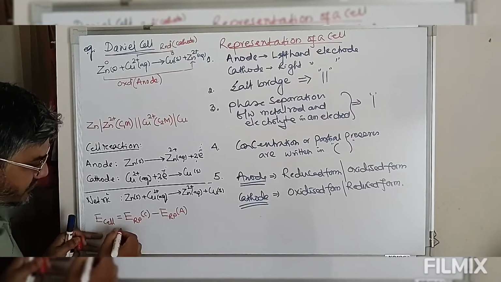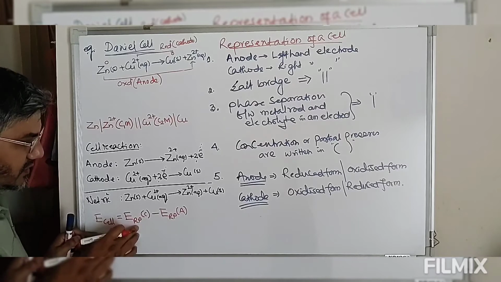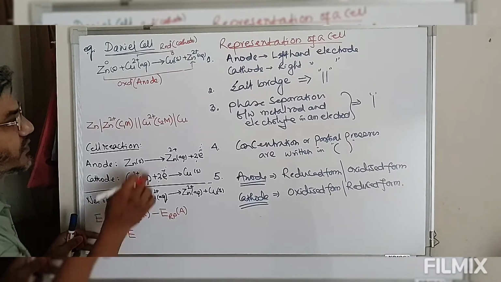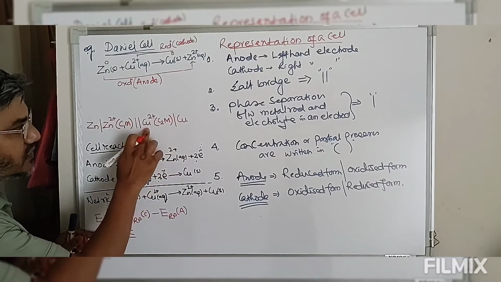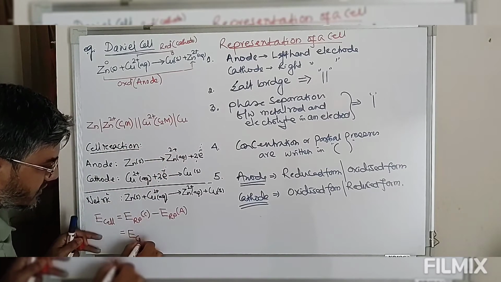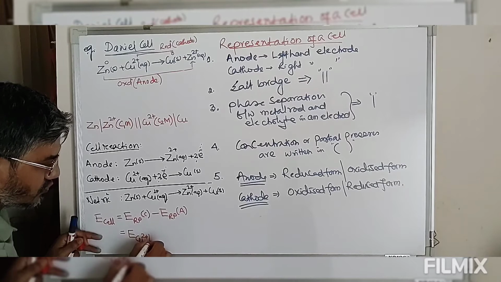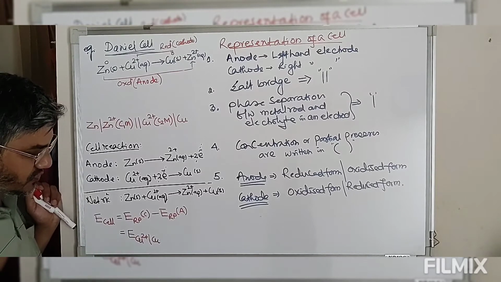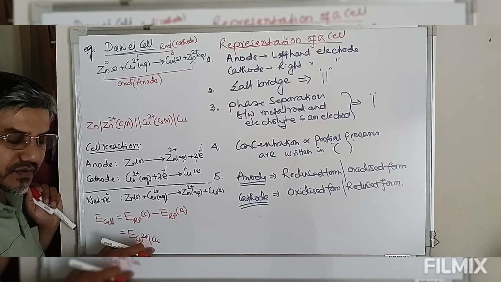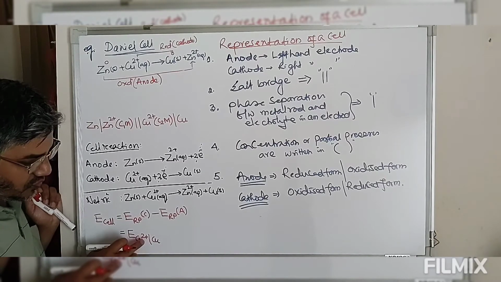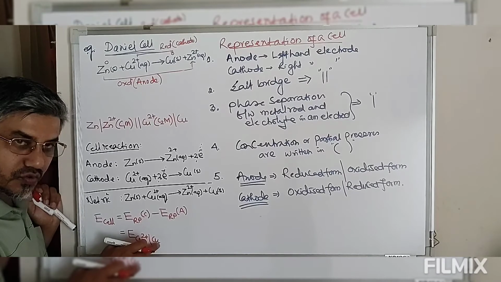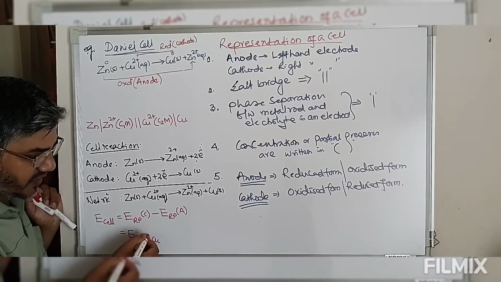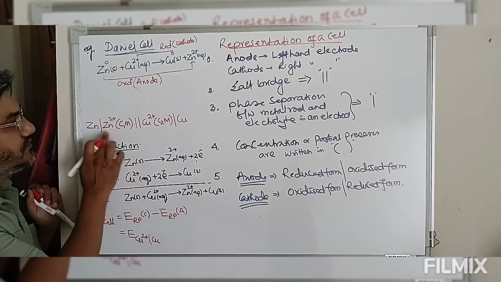Now this is defined in terms of reduction potential. Look at this cathode. Cathode is where reduction reaction takes place, so this is reduction. This can also be written as copper +2 to copper. Why am I showing this? Because in many books, instead of this, you may be given these values. So this shows copper +2 is changing into copper, and this is solution, this is solid, and in between we have a phase boundary, that is here.